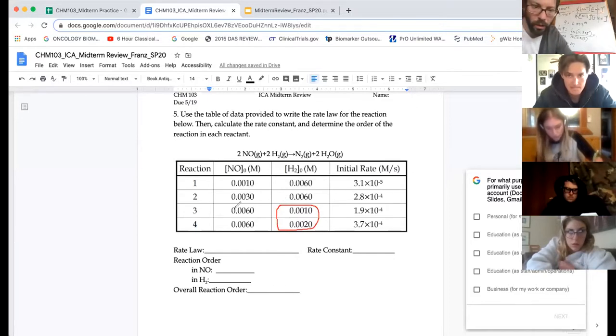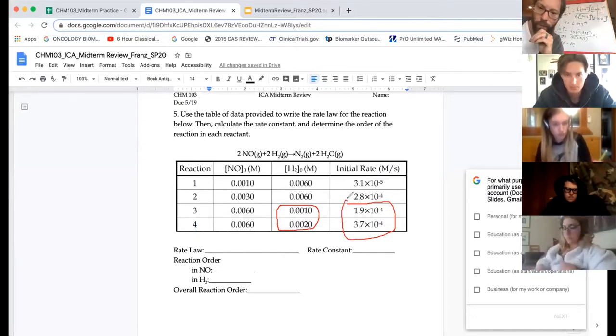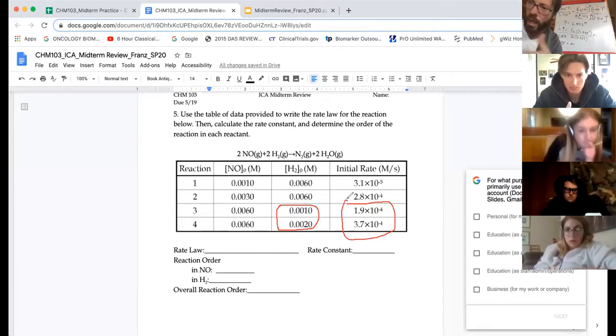So it's doubling, and the NO is staying constant. And what's happening with the initial rate? That's also doubling. Okay, so H2 doubles, initial rate doubles. That's a 1-to-1. So it's a first order reaction.